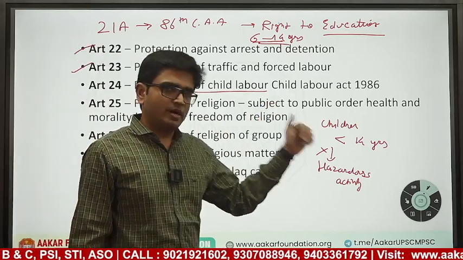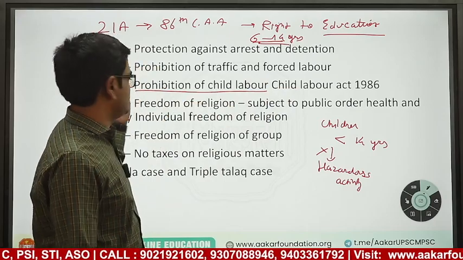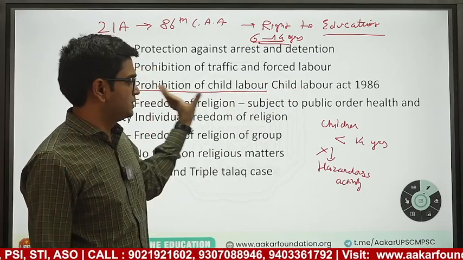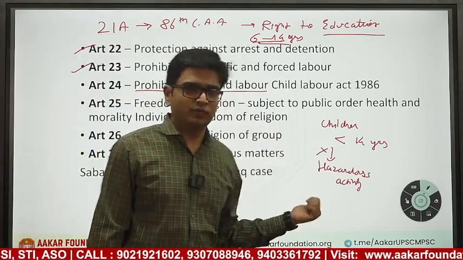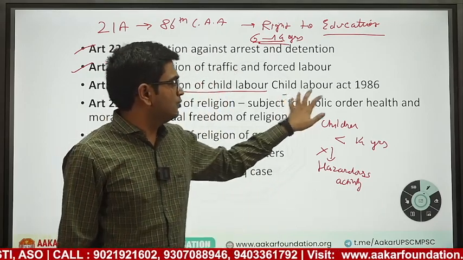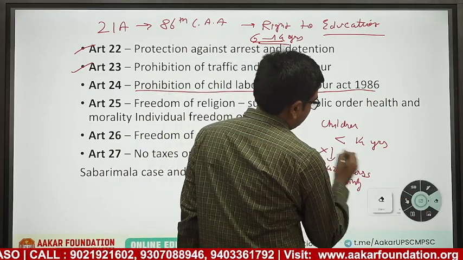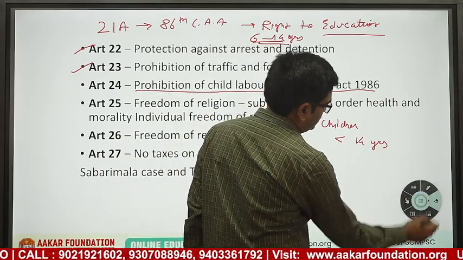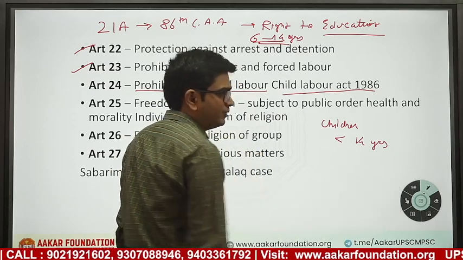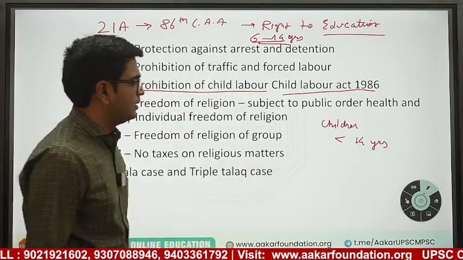But then we have the Child Labor Act of 1986, which was actually for implementation of Article 24. Because the constitution only mentions children less than 14 shall not be employed in hazardous activity, this new act came. It says children under the age of 14 years shall not be employed anywhere except in family run enterprises or for art.